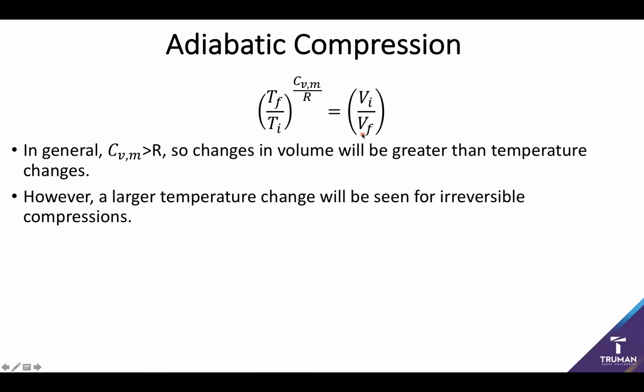However, it is worth noting that this does represent a minimum, because if I have an irreversible compression, then I'm going to see a much greater temperature difference because of my greater pressures.